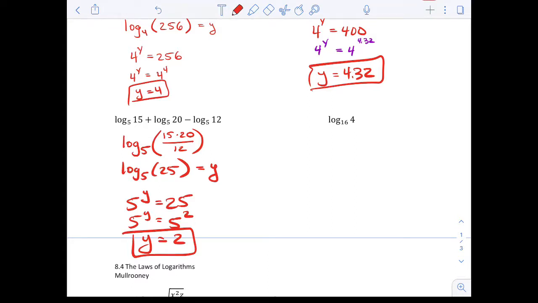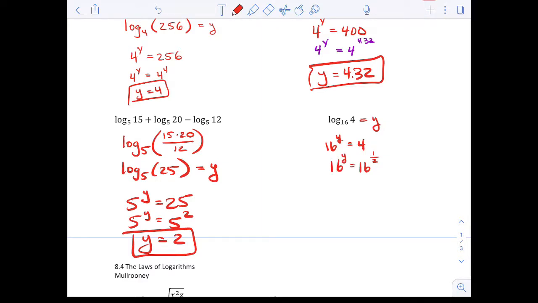The last one here. This one we don't have anything to simplify, but we'll call it y. Now if I want to evaluate this, I'm going to have 16 to the power of y is equal to 4. So you might look at that and say, well, if I want to have the common base, I know that 16 to the power of a positive half is equal to 4, right?